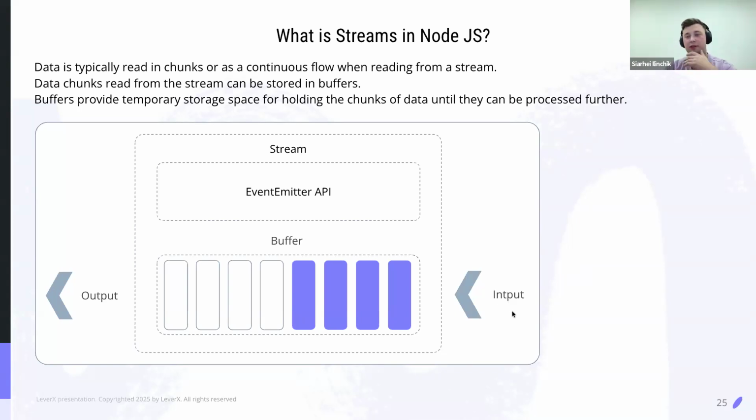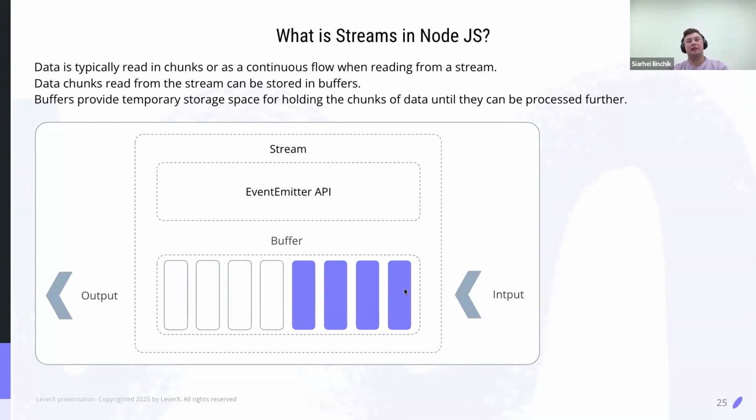Basically, we have the buffer on the input, which we have received from the file, and we receive the data in small portions, in chunks, which come over time. We can process these blocks of data one by one. In this slide, we have already processed 4 chunks, and we are about to process the 5th chunk.